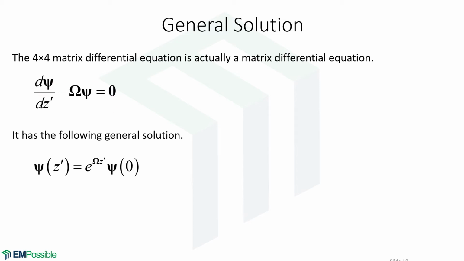That's an exponential. And so we write that as e to the omega z times psi sub 0. Psi sub 0 is the state of the fields at z equals 0, so it's our boundary value, if you will. This exponential term describes how those modes propagate as a function of z. So altogether, we get our fields as a function of z.